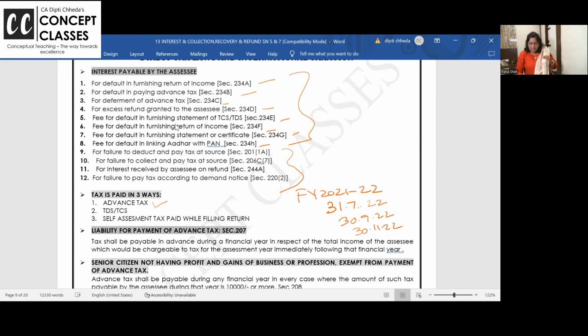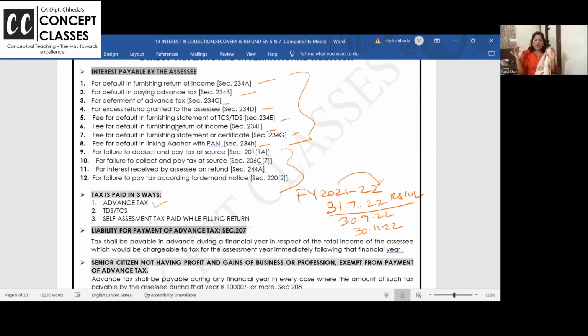Now, if I say whatever I have earned, and if my tax is 10 lakhs, I'll pay everything while filing my return. So the government is getting the whole year's tax one time in July, which is wrong. So they started with a funda called pay as you earn.